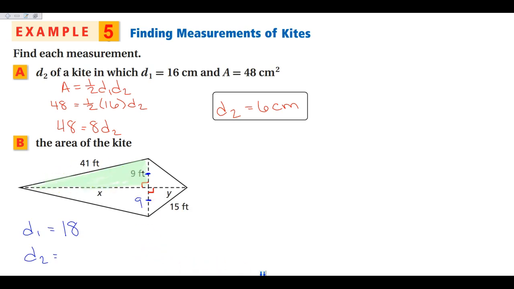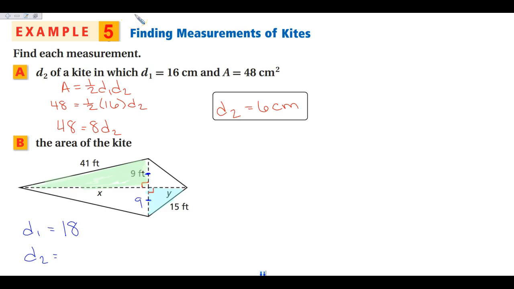And this triangle over here is also a right triangle. So I'm going to use each of those triangles, the green to find x and the blue to find y.